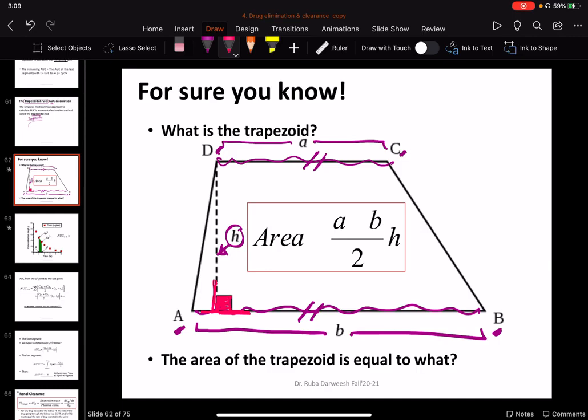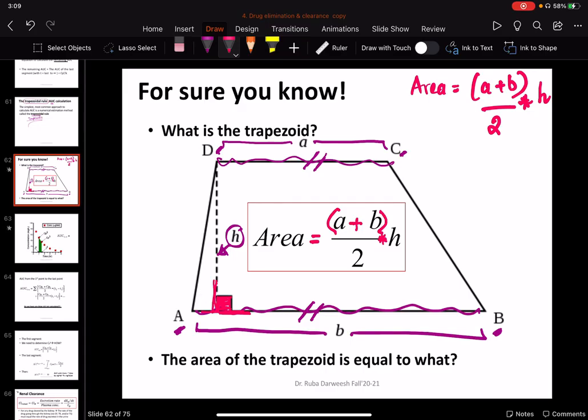So again, to determine the area of the trapezoid, it would be the sum of both bases over 2 multiplied by the height. So the area of the trapezoid would be half of A plus B multiplied by the height. This is the area of the trapezoid.